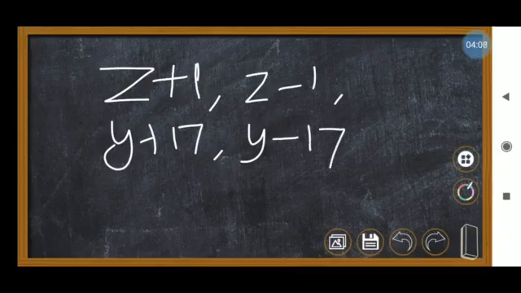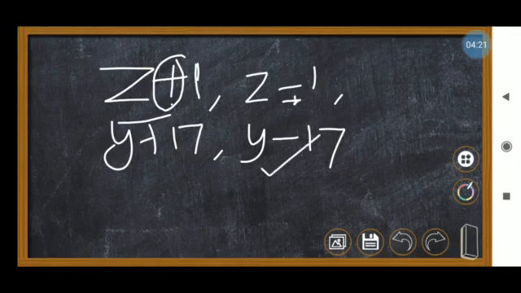First you have to know which operators they used. Here they used addition, this is subtraction, this also subtraction, and this is addition. So this is an expression with addition and subtraction.